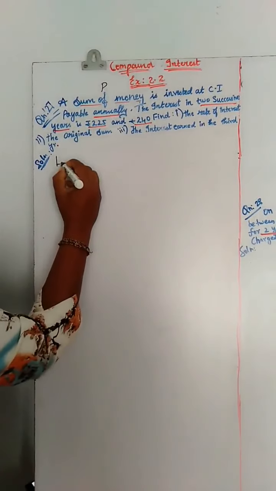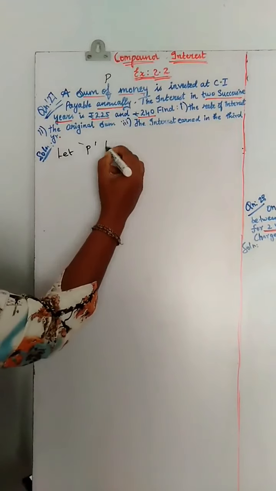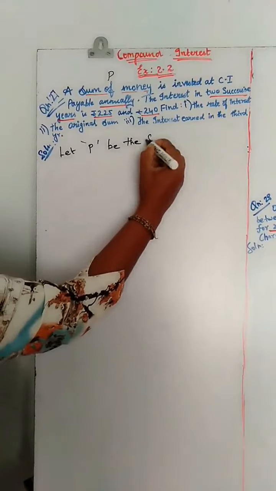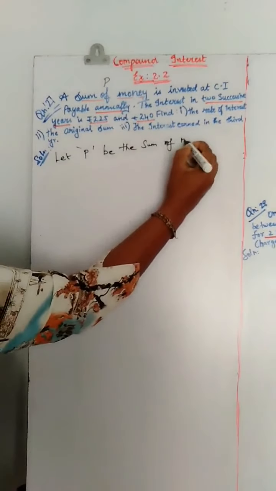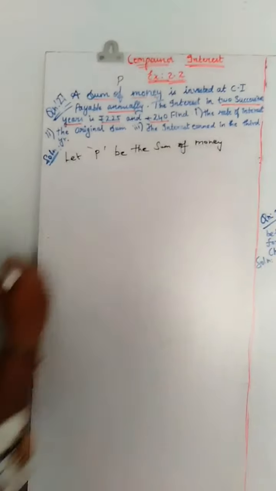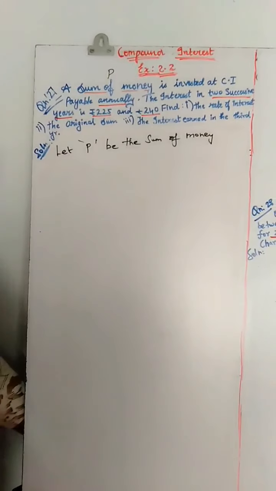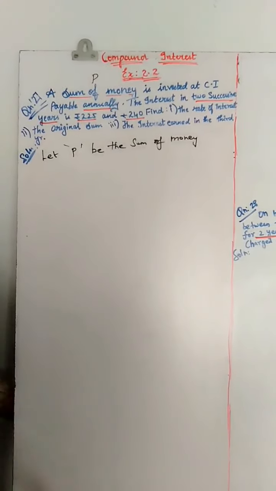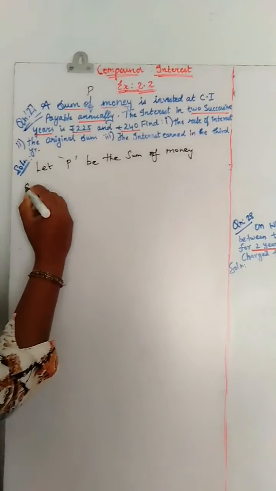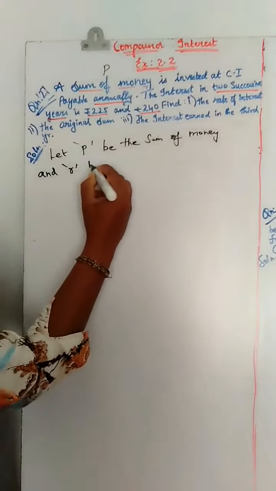So let us assume, for finding the solution, let P be the sum of money and R be the rate of interest.